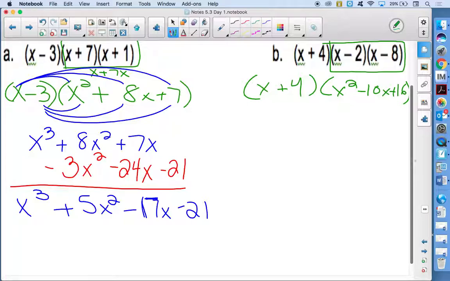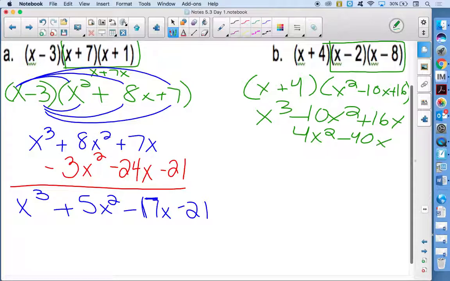Then you have to FOIL these, right? And then it becomes x cubed minus 10x squared plus 16x. And then your second equation is 4x squared minus 40x plus 64.